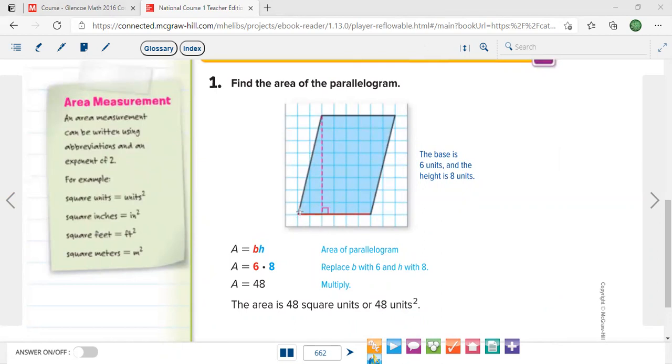You have here 1 block, 2 blocks, 3, 4, 5, 6. So the base is 6. Now the height. This is the height. Also count the blocks: 1, 2, 3, 4, 5, 6, 7, 8. So 6 times 8, which is 48, as you can see.